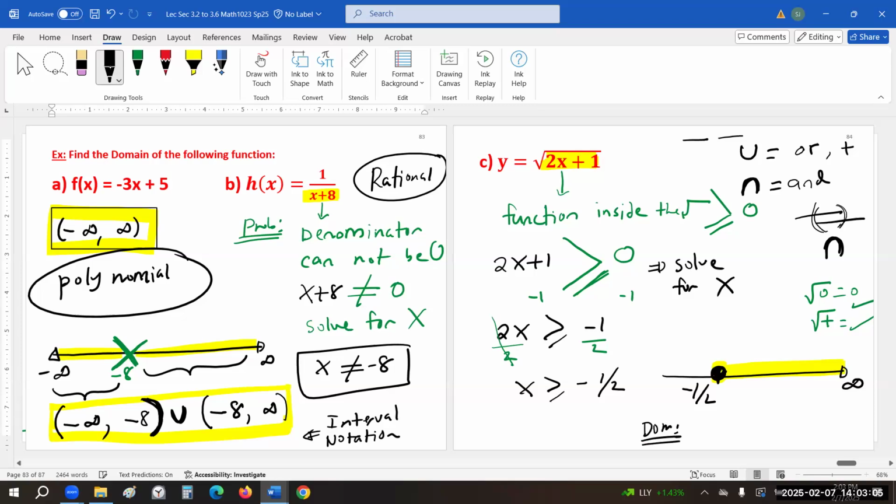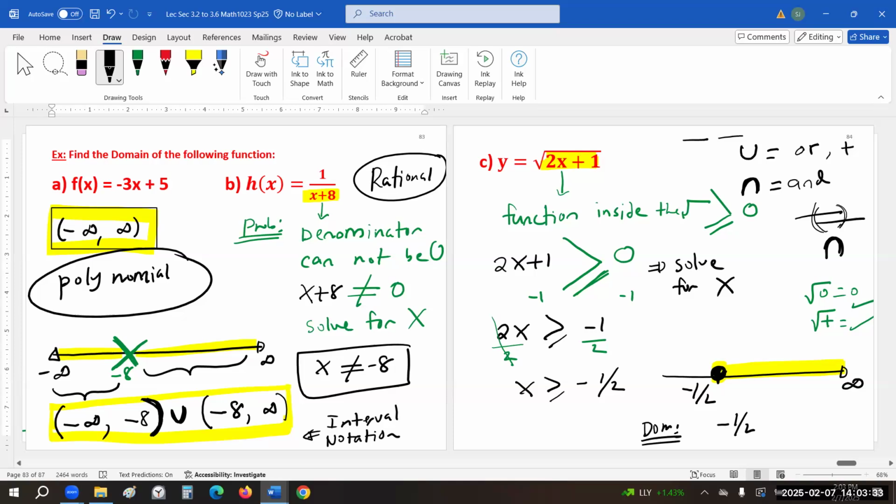So how do we write this in interval notation? In this interval, what is the smallest number you see? -1/2. Can you use x with -1/2? Yes, because when x is -1/2, we get half of 2 is -1. -1 plus 1 gives us 0, and square root of 0 is a real number.